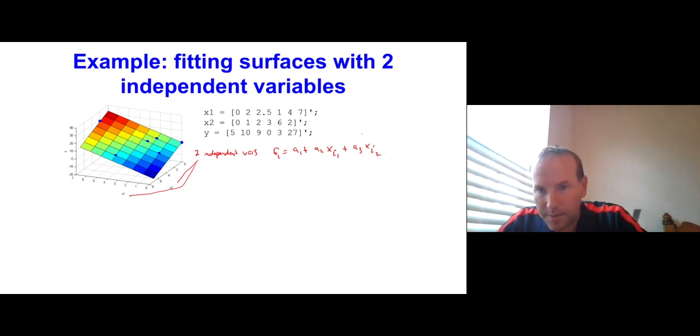So we've got independent variable 1 and independent variable 2. We've got n equals 6 data points, and we've got m equals 3 unknown parameters.